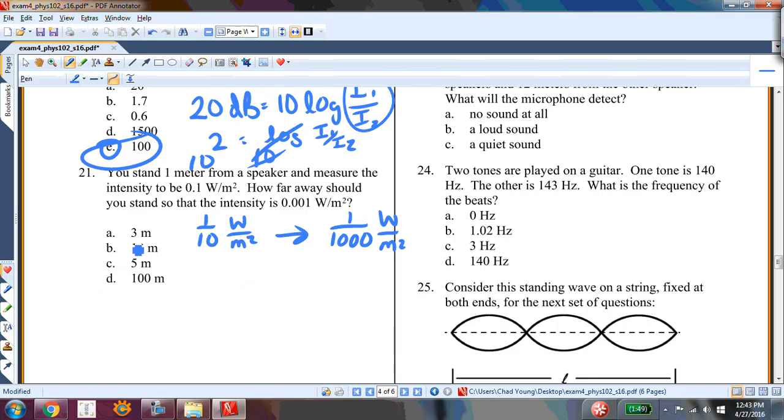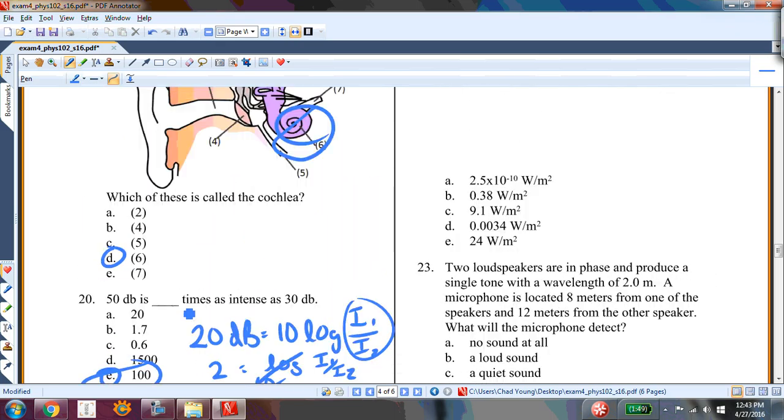In order to do that, I have to move 10 meters away. So I is equal to power over 4 pi r squared. If I multiply this distance by 10, I am standing at 1 meter, I move to 10 meters away, then I get 1 over 10 squared, or 1/100th of the intensity. So B is the right answer for 21.